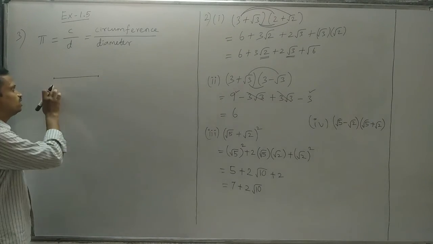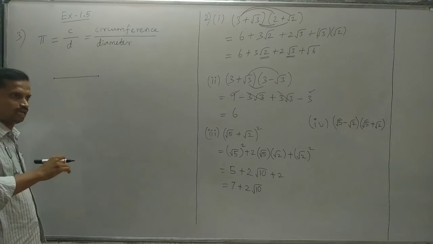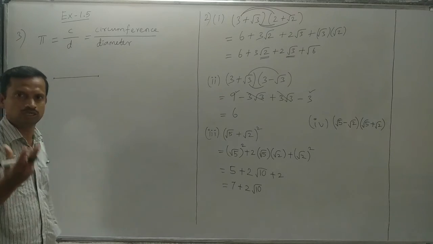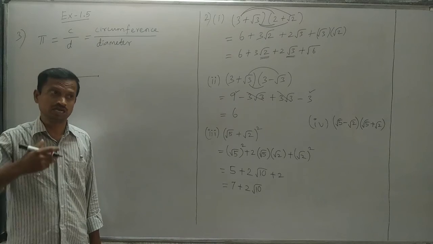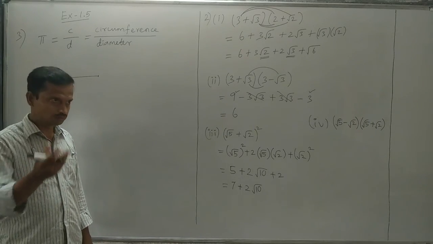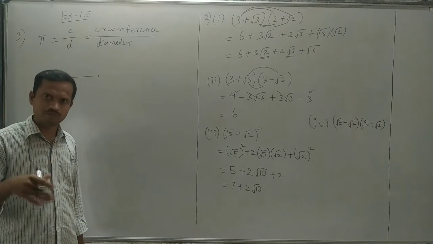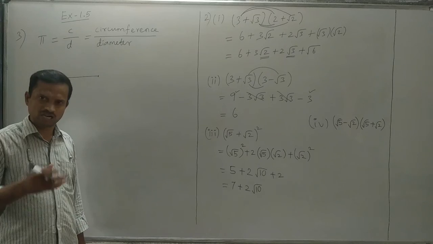So, if I say to measure this length, we may get a rational, may not. Sometimes you may get irrational also. So, if you measure directly a length or any circumference or a diameter of a circle, we cannot say we can get rational only.